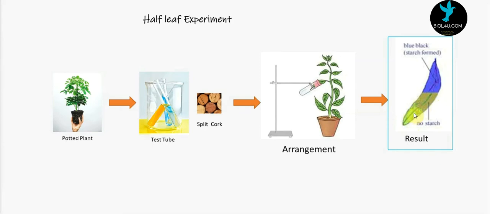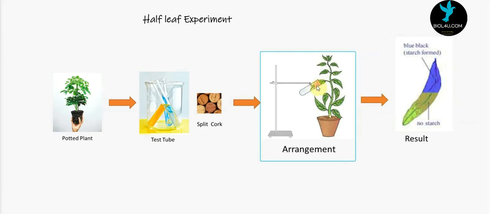That means starch was not synthesized, so in the presence of iodine it does not give any blue color. But the part outside the test tube got carbon dioxide, sunlight, chlorophyll and water, and in the presence of all these it performed photosynthesis, and starch was produced there, and this starch gave blue color with iodine.